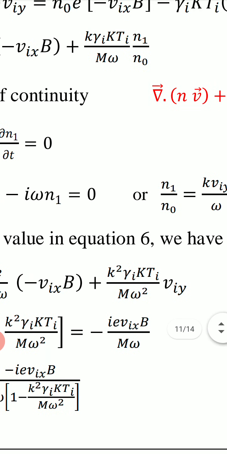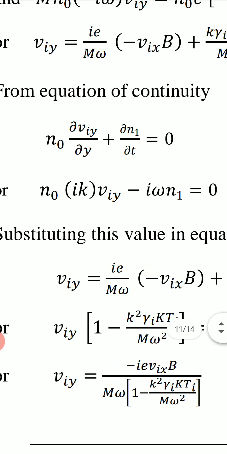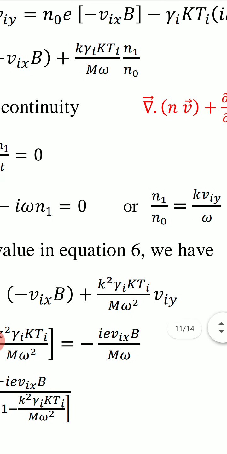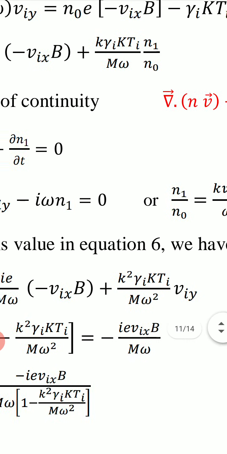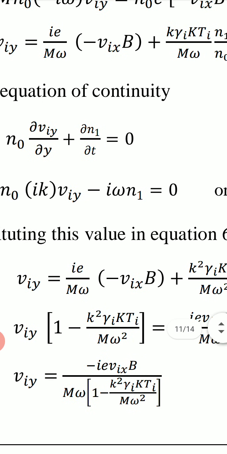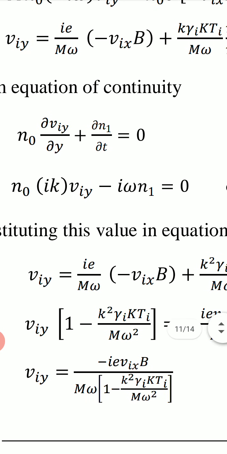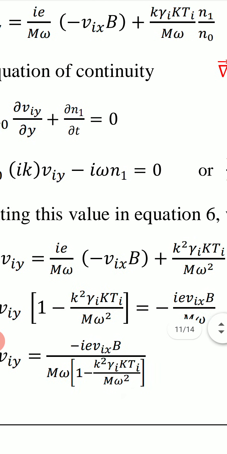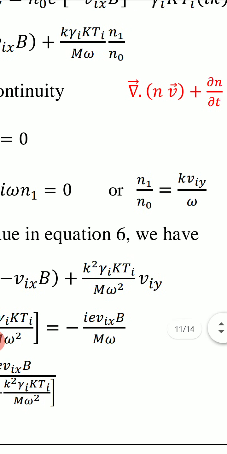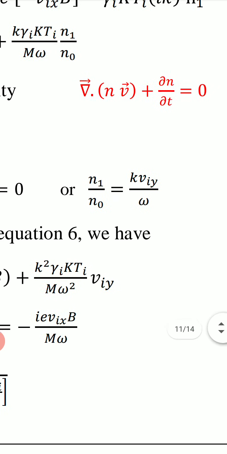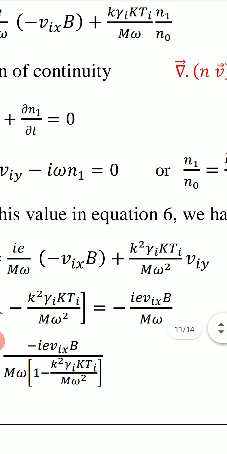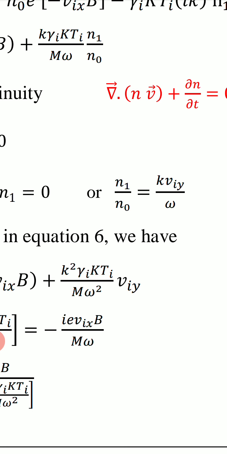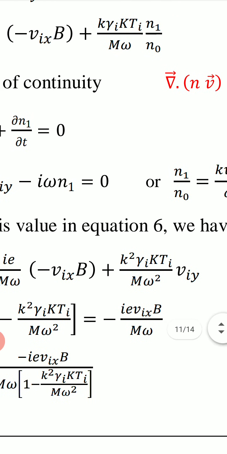Then the first term becomes n0, since n is actually n0 plus n1, and from this term we get only n0 neglecting n1. So n0 delta upon delta y Viy plus delta n upon delta t. In place of delta n upon delta t we write delta n1 upon delta t.